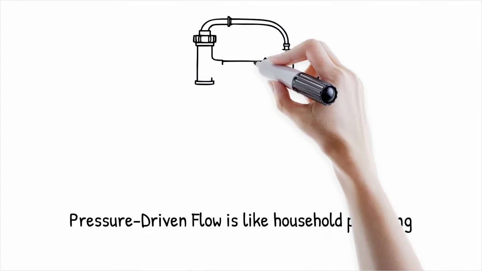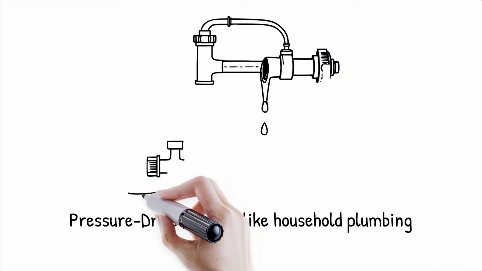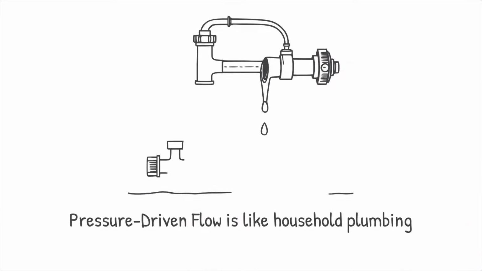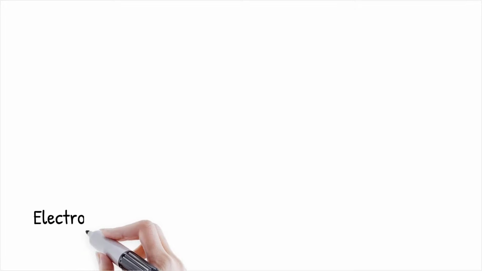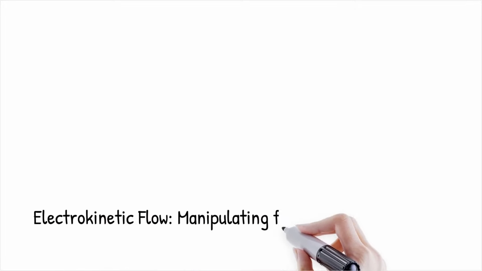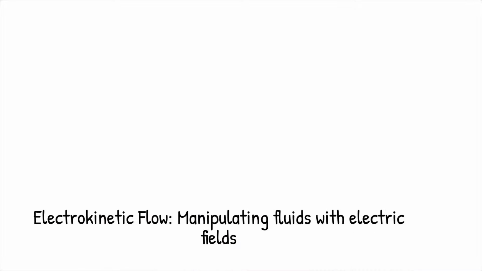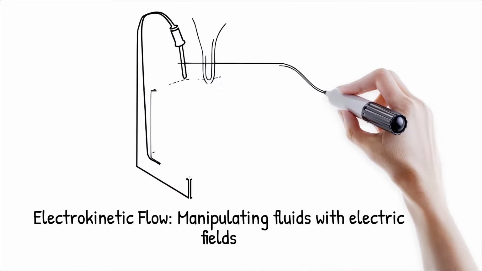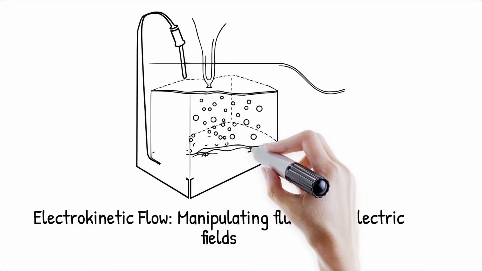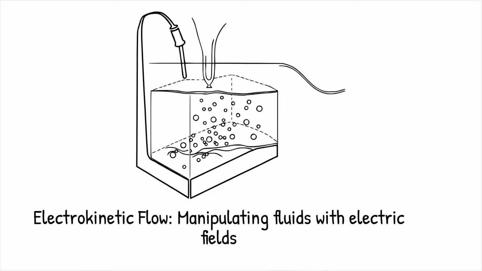Electrokinetic flow exploits the movement of charged particles in response to an applied electric field, including electroosmosis, fluid flow driven by charged channel walls, and electrophoresis, movement of charged molecules. This technique allows precise, valveless fluid control without mechanical pumps, making it ideal for miniaturized and automated bioanalytical systems.